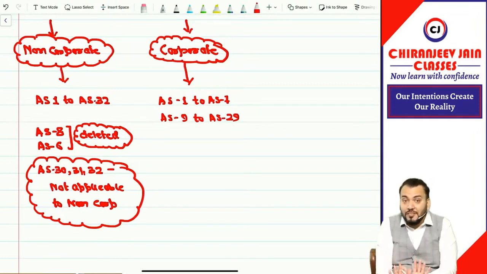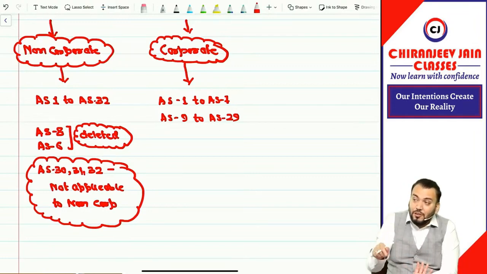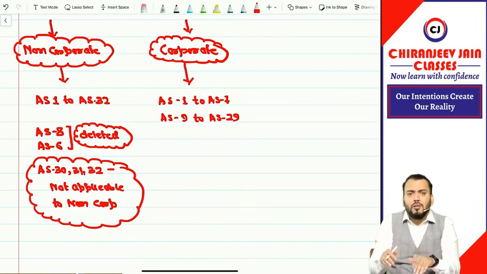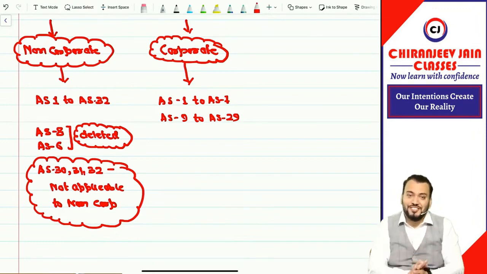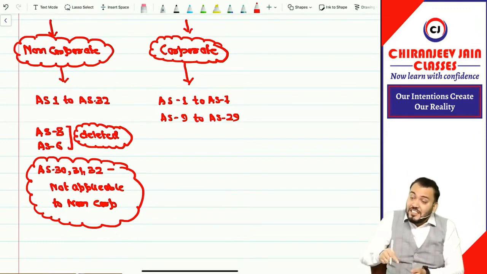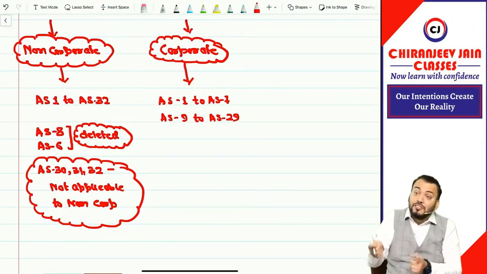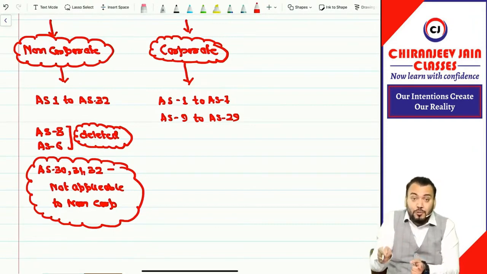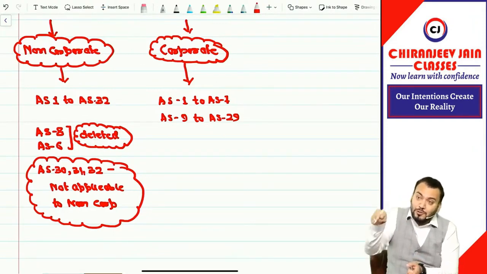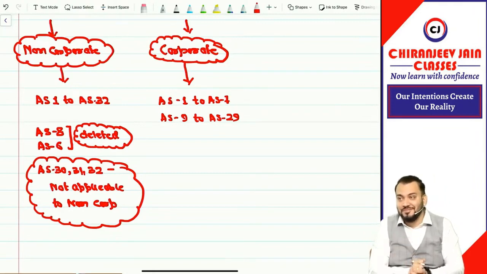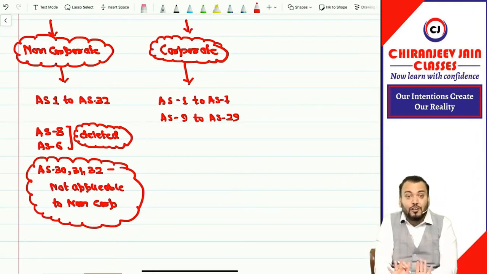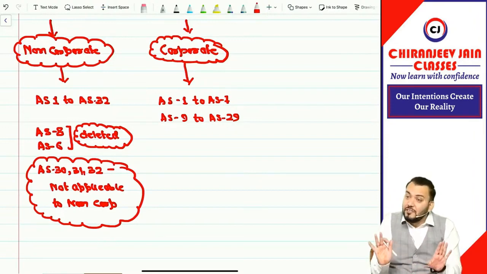These were notified. Means AS8 was not notified because that was already deleted before 2006. AS30, 31, 32 were not notified because they were issued by ICAI after 2006, and that was still not notified in these rules.